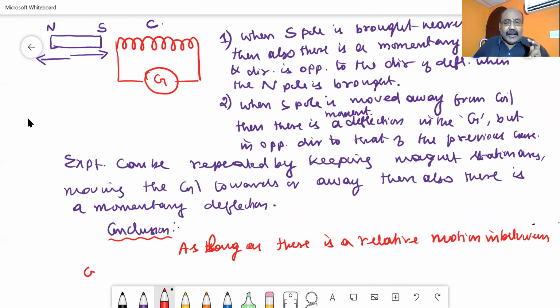What do you mean by this? As long as there is a relative motion between the coil and magnet.